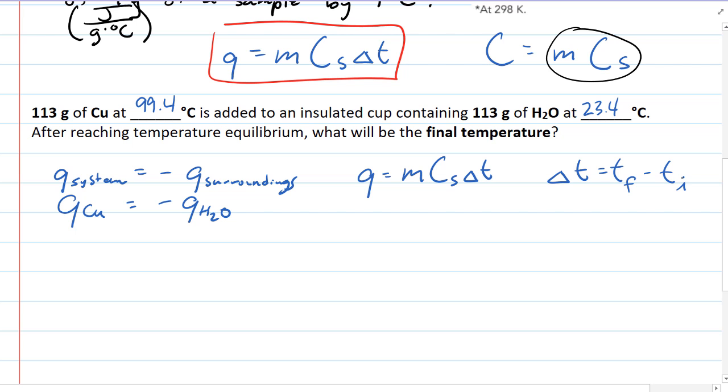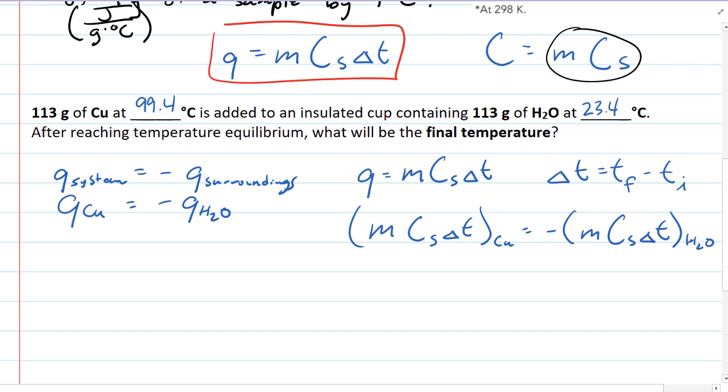Looks something like this. Now if we were to make a substitution in here, we would have m times C sub s times delta T for the copper. This is going to be equal to negative m times C sub s times delta T for the H2O.